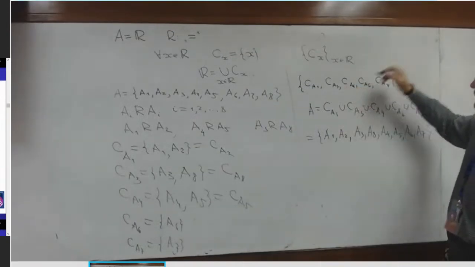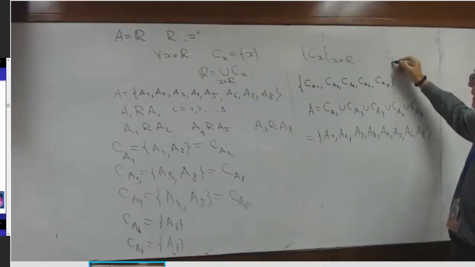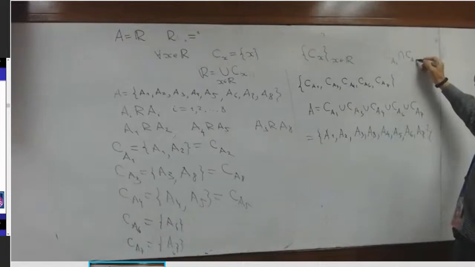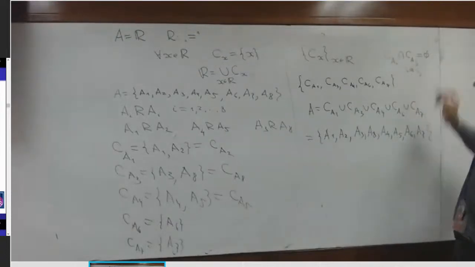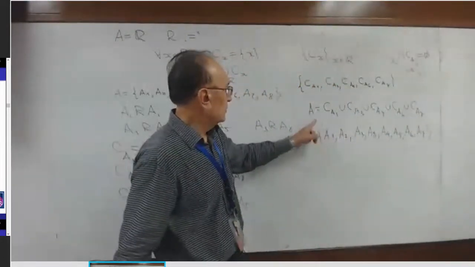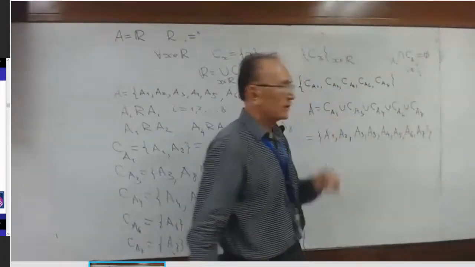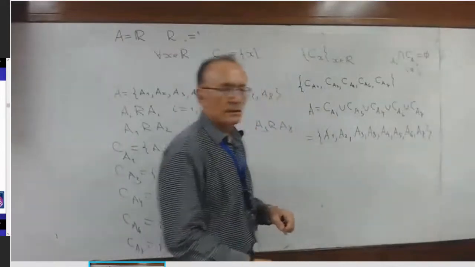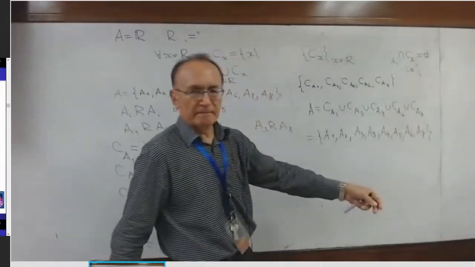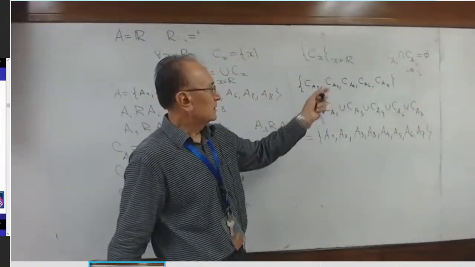So the intersection of CAi and CAj is empty if i is not j, and the union of them is the set A itself. So this family of subsets is a partition.